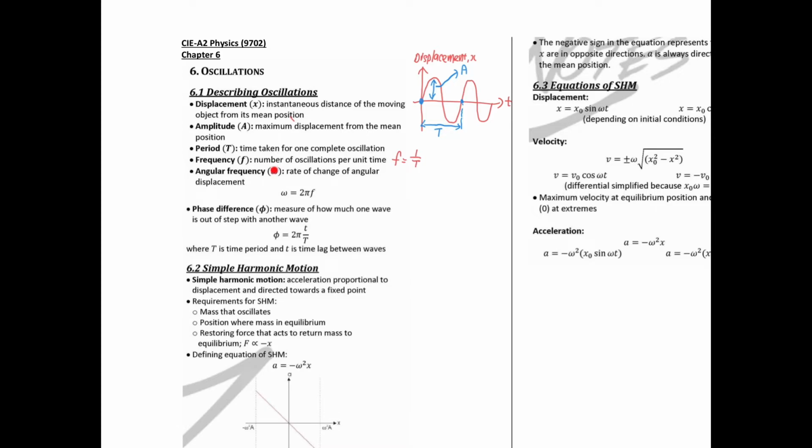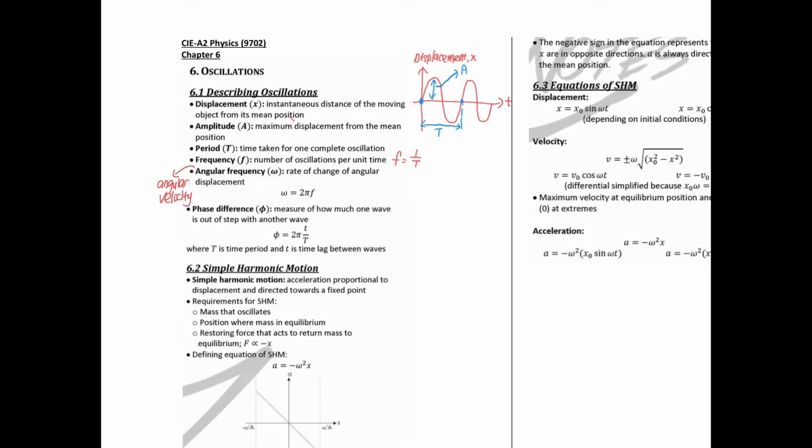Omega. Okay, maybe you feel like, oh, omega, I learned before. In chapter 1 of our physics lessons, omega is angular velocity. So that is more suitable to be used in circular motions. We use angular velocity.